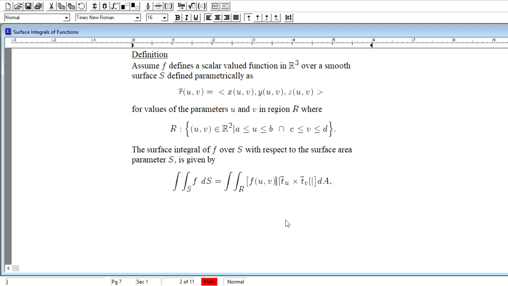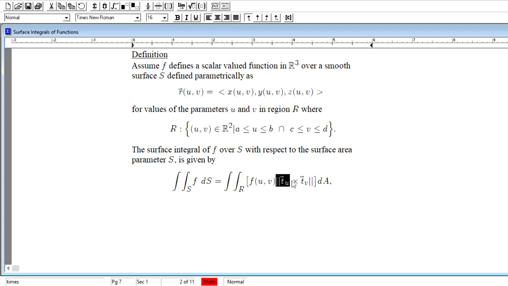It is multiplied by the magnitude of these two vectors, t bar sub u crossed with t bar sub v. The magnitude of t bar sub u crossed with t bar sub v is what we call that Jacobian multiplier when transforming this surface integral in terms of surface S and what we would call the surface area parameter into this double integral calculation over a two-dimensional region R in two-dimensional space defined with respect to just the area of R in two dimensions.